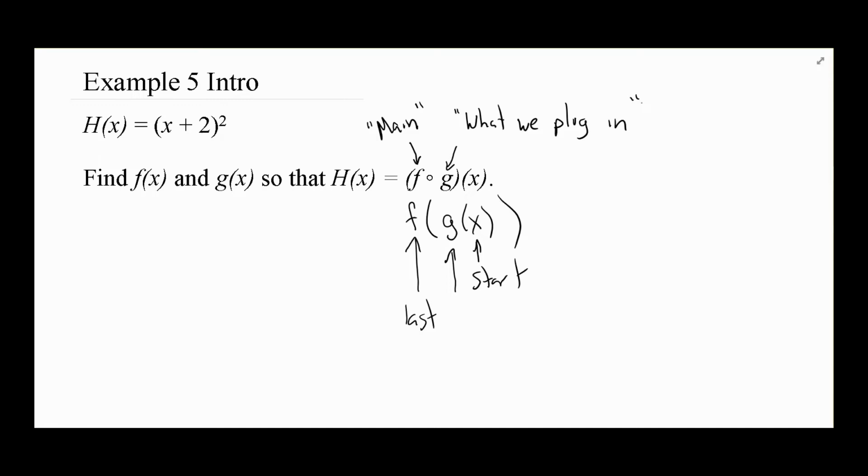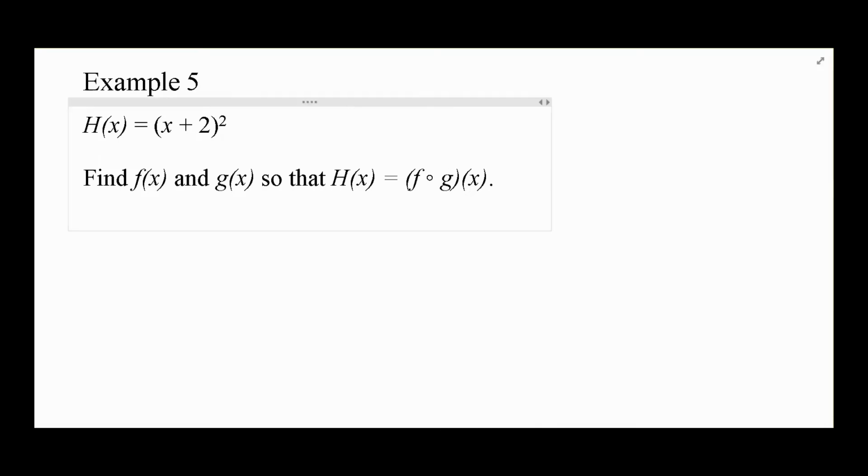Let's look at actually solving this example then and determining what the f of x and g of x are. So what I want you to do to solve this example is I want you to put your thumb over a portion of the problem. Now you can't see my thumb, so I'm just going to kind of cross it off. I'm going to put my thumb over the x plus 2 in this problem. And I'm going to say, what is this? What's left when I put my thumb over a portion of the problem?